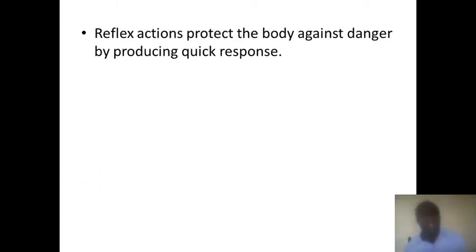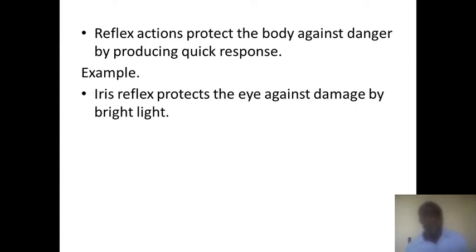Reflex actions aim at protecting the body against danger by producing quick responses. For example, the iris reflex protects the eye against damage by bright light by causing a quick change in the size of the pupil so that too much light doesn't enter the eye to damage it.